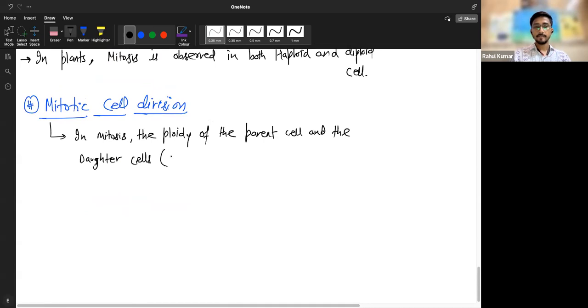And what is ploidy? The number of chromosomes. So in brackets, I'm also writing number of chromosomes. So the ploidy of the parent cell and the daughter cell remains the same.